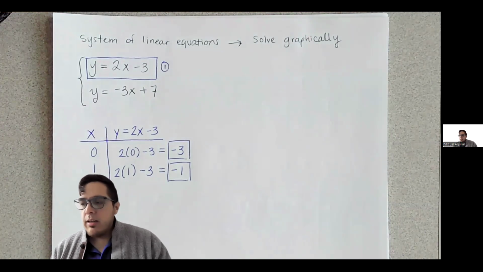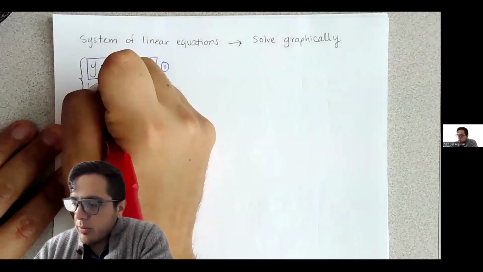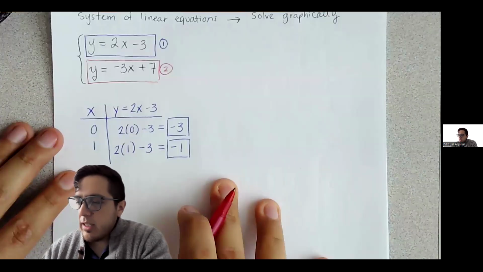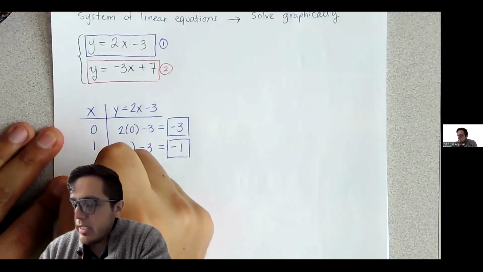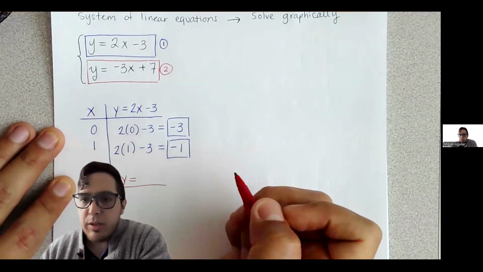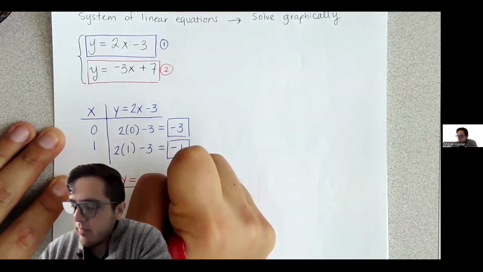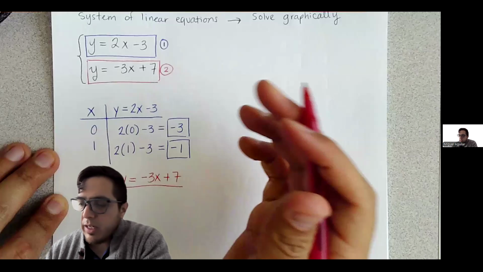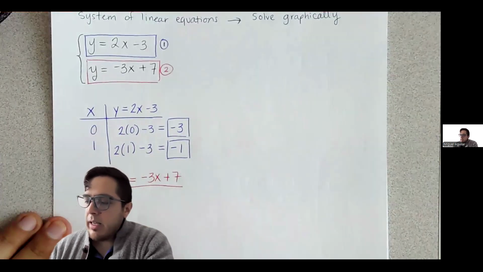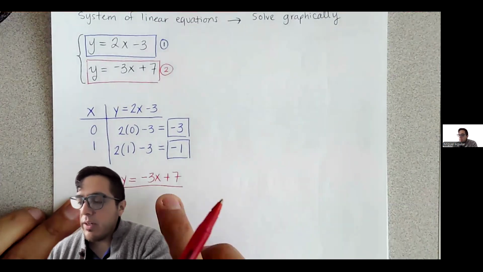Okay. So now we're going to do the same thing with the second equation, equation number 2. And so we're going to label that in red here. So I'll put x and y. This time the y values are going to be determined by the second equation, which is negative 3x plus 7. And we'll just choose some small values like 1 and 0 again, and plug them into this equation now to find these y values.